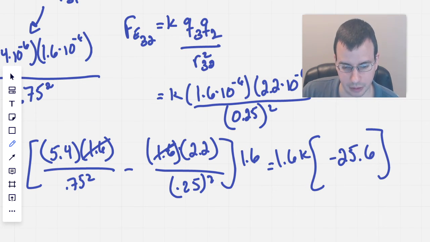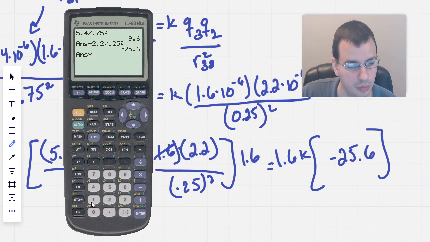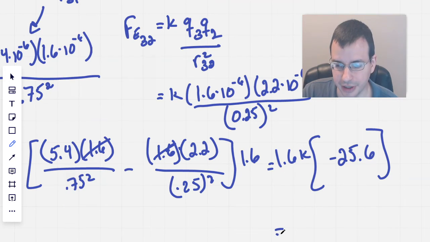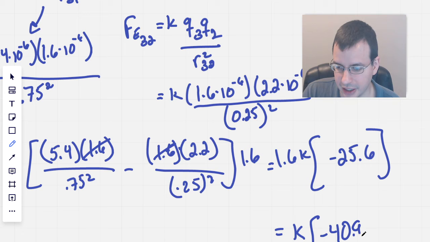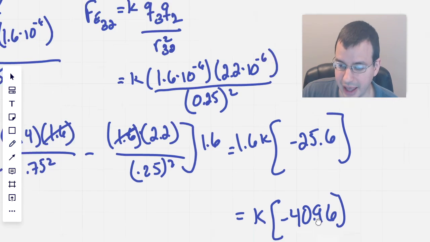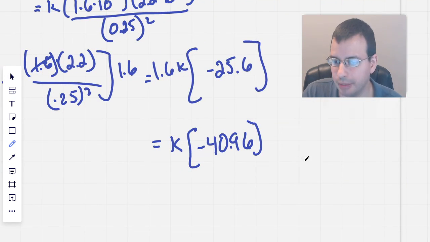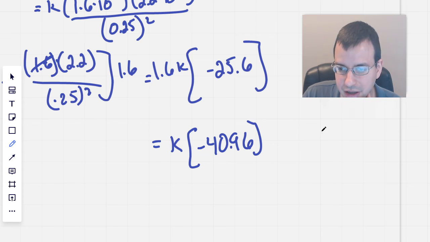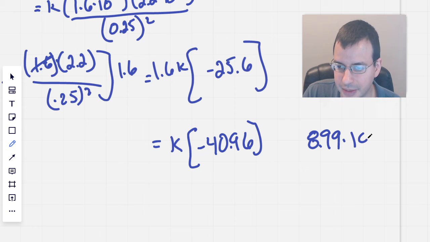We'll multiply by 1.6. We get negative 40.96. Now, K is the Coulomb's constant. You can look it up. I like to use Wikipedia for that sort of thing. So K is 8.9, I just know this off the top of my head, times 10 to the 9th.